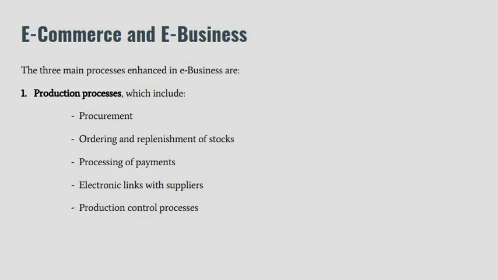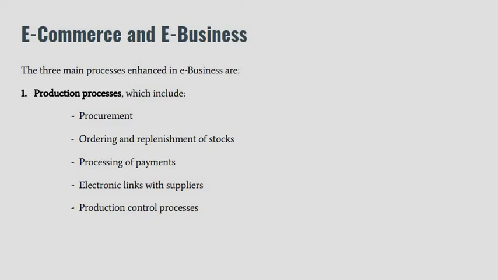Procurement, that is attaining the raw materials. Then we have ordering of stocks. If a stock is empty, then we again have to refill it, right? Then processing the payments of various things bought. Then electronic links with suppliers.